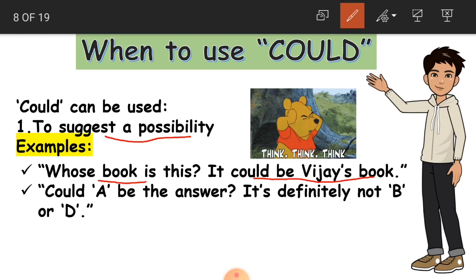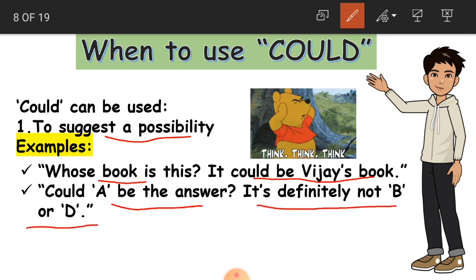Another example is: could A be the answer? Could A be the answer? It's definitely not B or D. When you have multiple choices for one question, you are just guessing that A might be the answer.